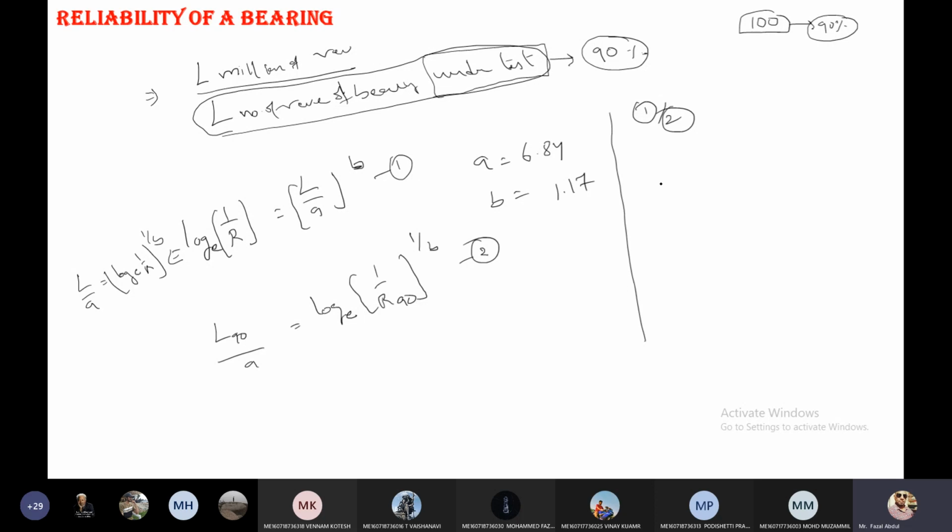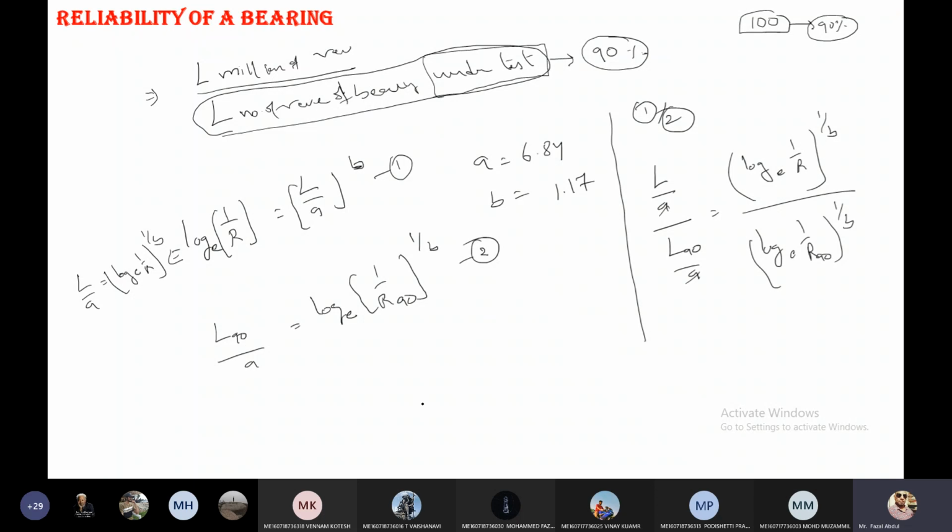Okay. So L by a, by L90 by a, equals log e 1 by R power 1 by b, by log e 1 by R90, 90% reliability, for 1 by b. Okay.